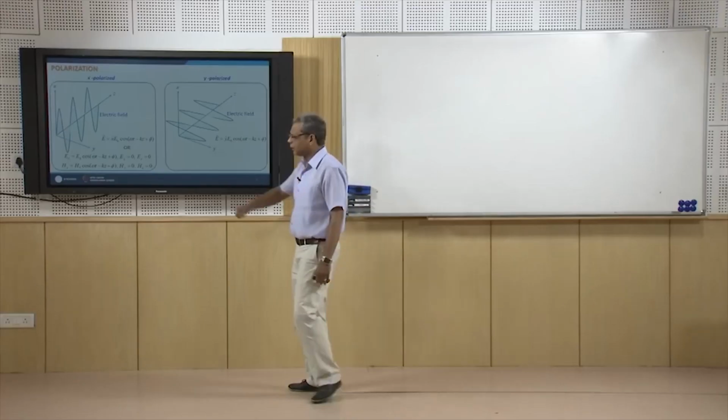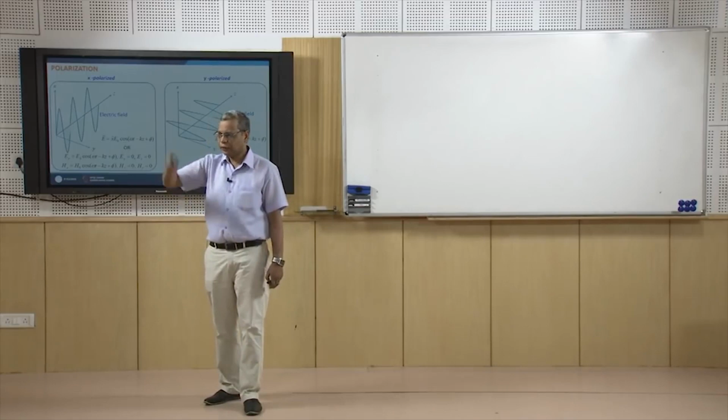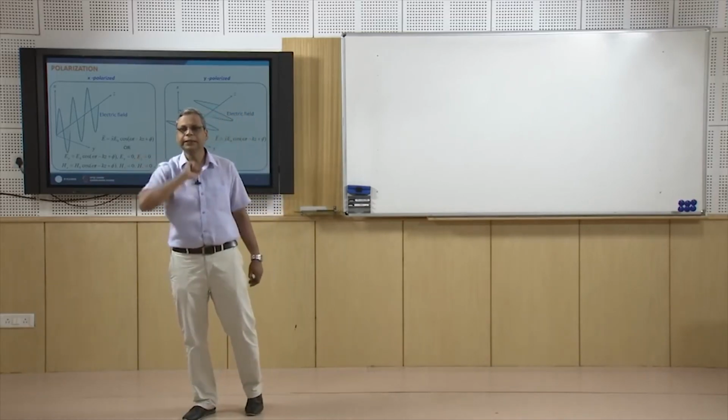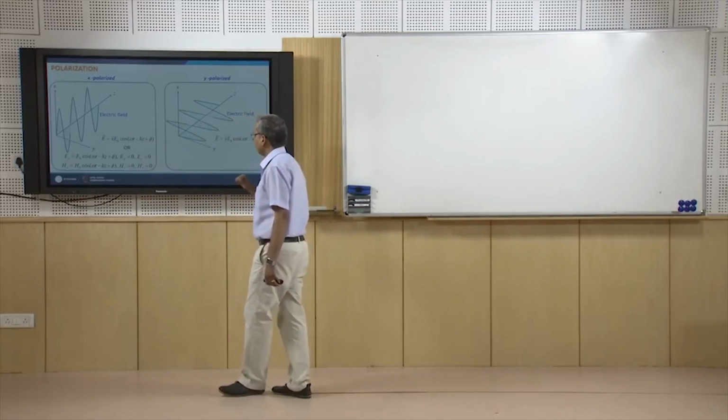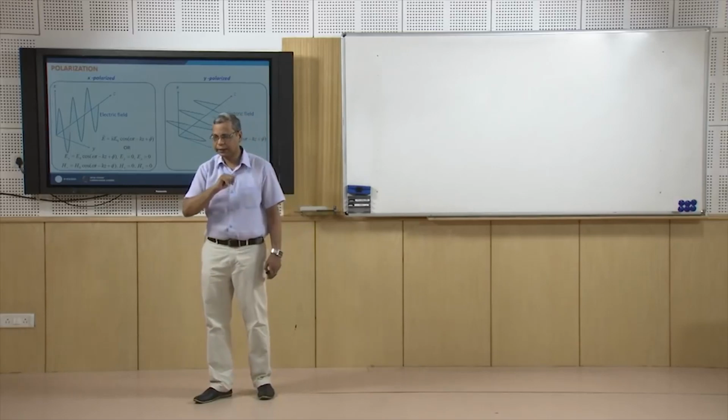I can also shake the string in y direction. Instead of x direction, I can shake the string in y direction and then the wave goes something like this. It again travels in z direction, but now the displacement is in y direction.